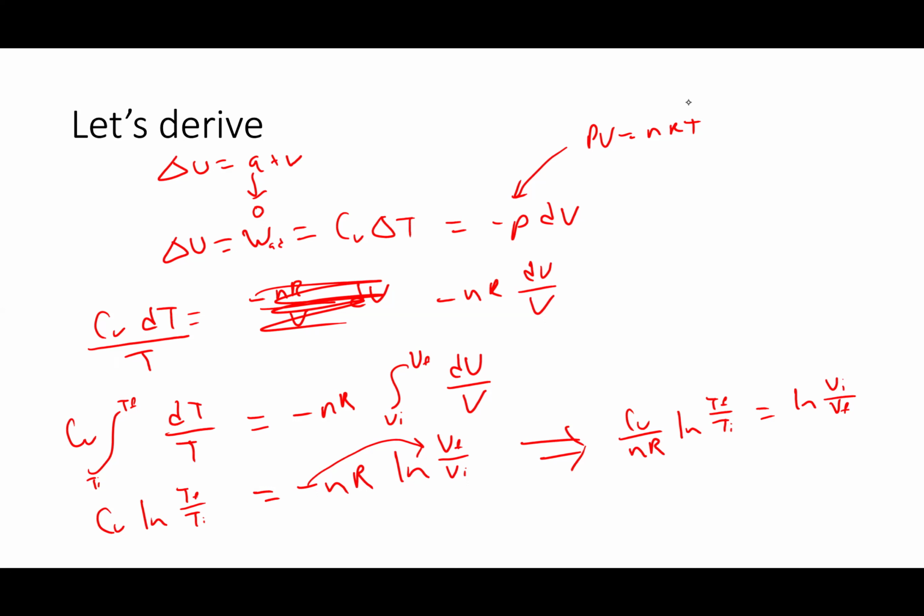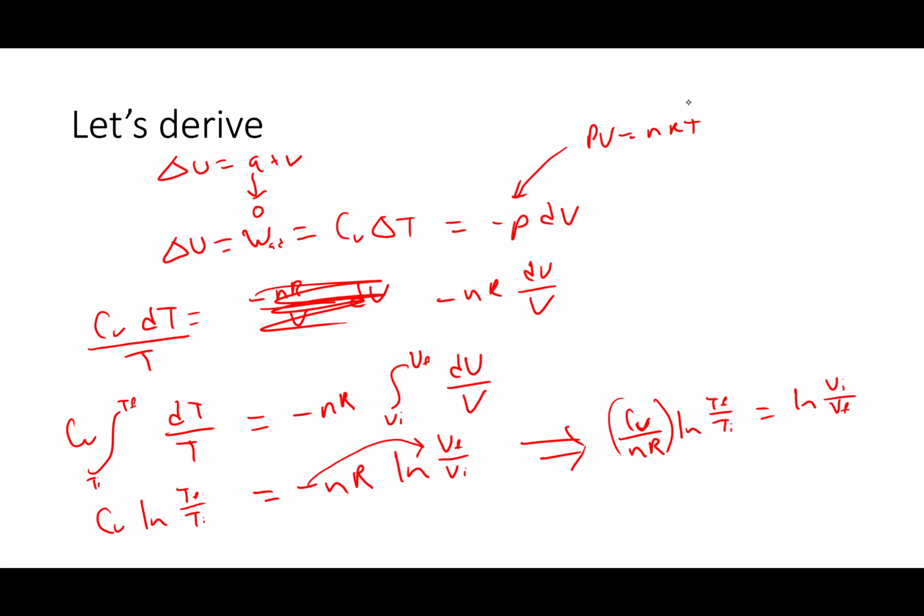So now we have a constant here, CV over nR, times the natural log of Tf over Ti, equaling the natural log of Vi over Vf. Now from here, to make it look very common, we can use our logarithmic properties again and make this constant into an exponent of our natural log.